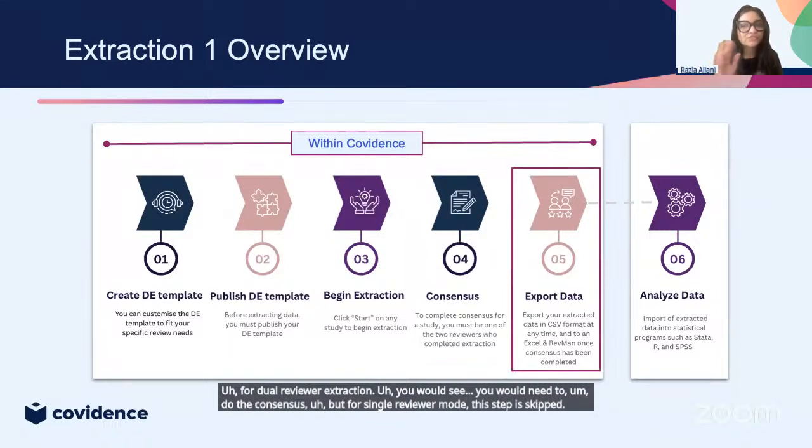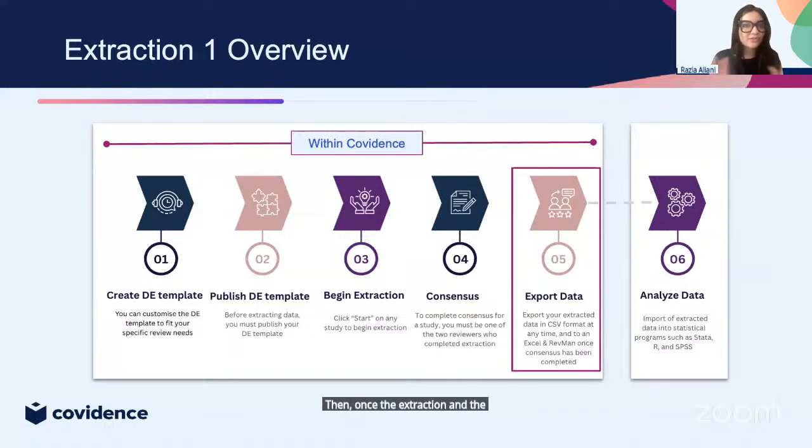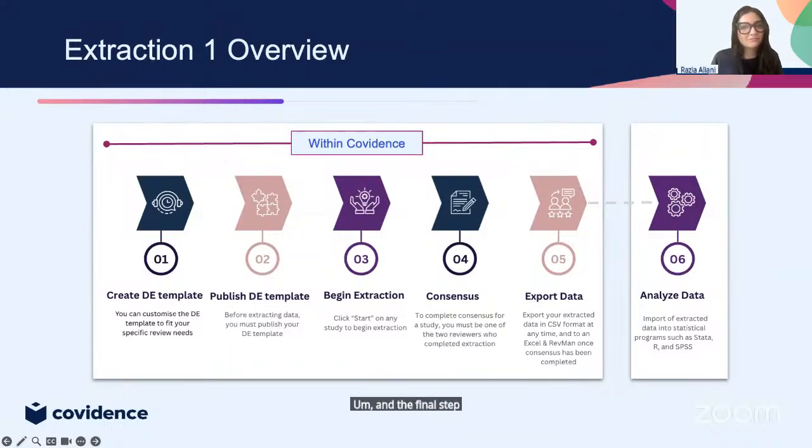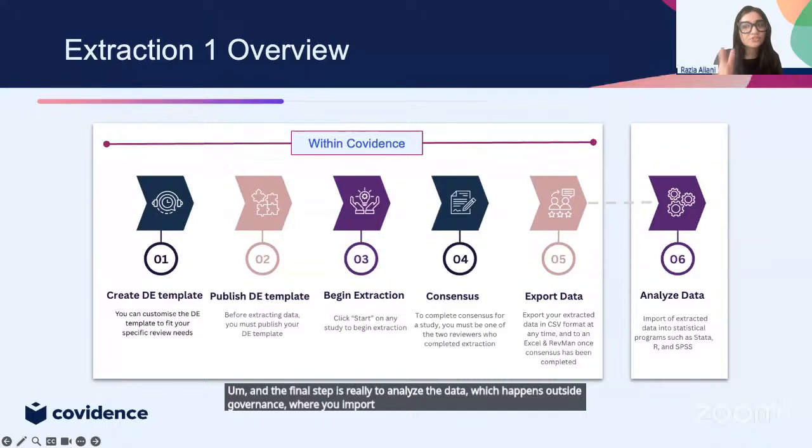Once the extraction and the consensus are complete, you can export your data in a CSV format, an Excel, or in RevMan format, like I've already mentioned. The final step is to analyze the data, which happens outside Covidence, where you import your extracted data into a statistical program, whether you're using Stata or SPSS. You can import the CSV that you export from Covidence into your statistical software.